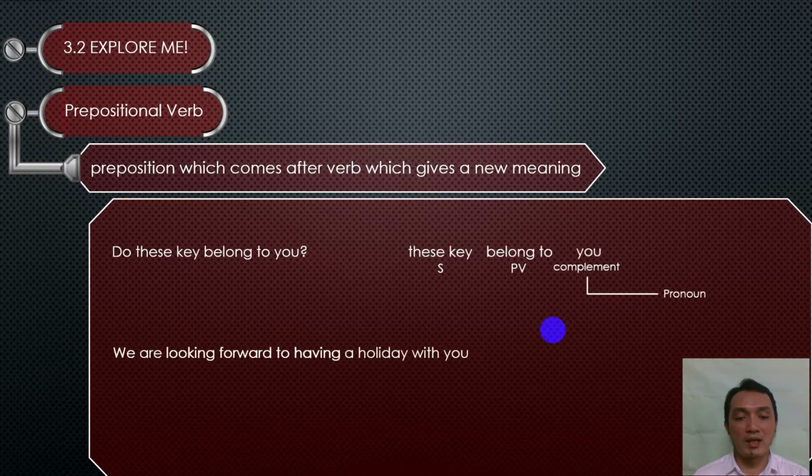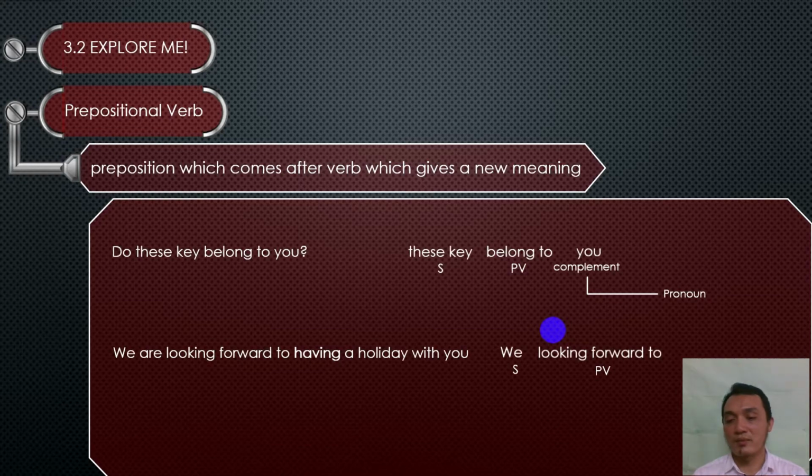The next is: we are looking forward to having a holiday with you. We is the subject, and looking forward to is a prepositional verb, because we cannot separate it into parts. Looking has a different meaning, forward has a different meaning, and to has a different meaning. If we translate them, looking is melihat, forward is ke depan, to is ke.